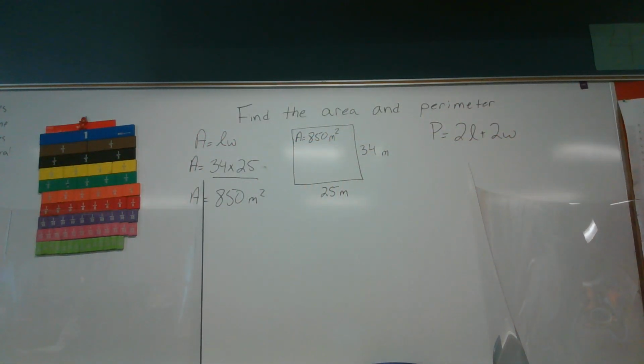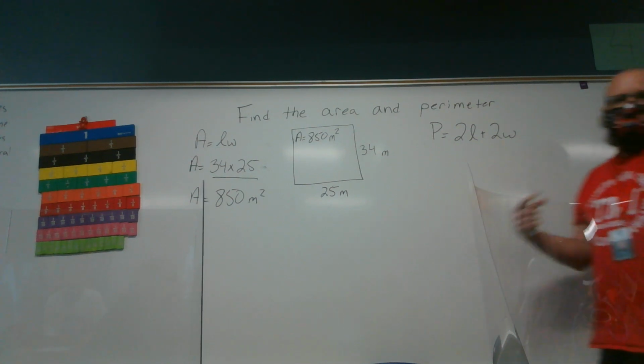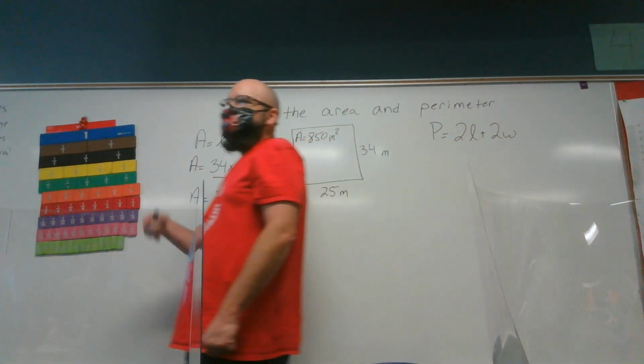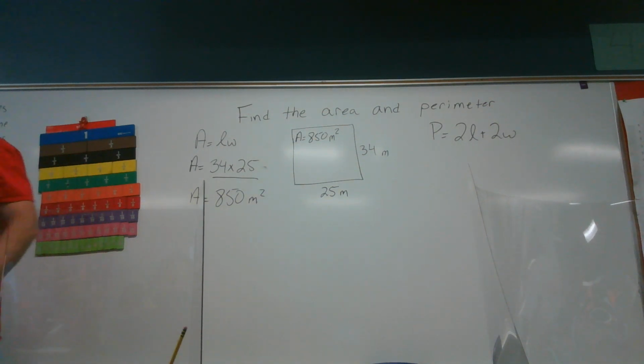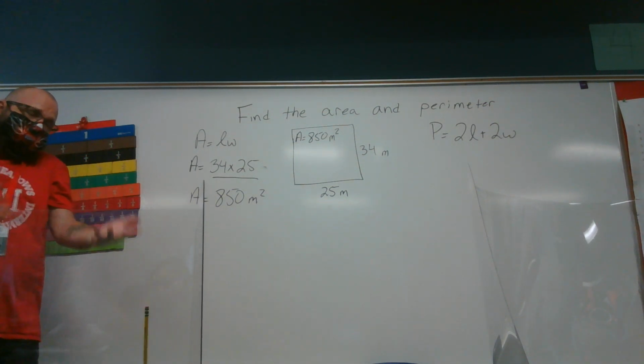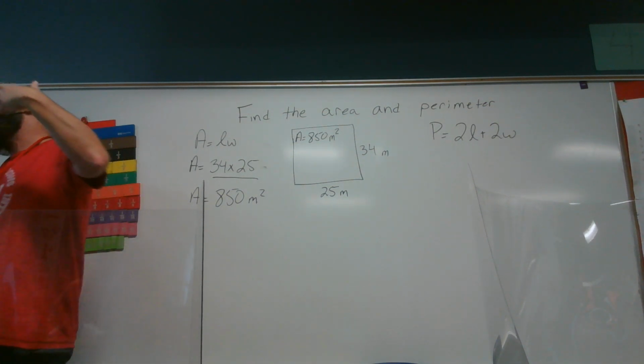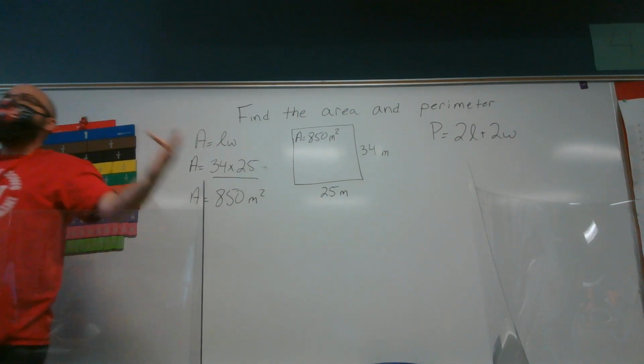Before, when doing perimeter, you just added all the sides together. And you can do that, but you may come across a problem or two that says, which of these answer choices would show you how to find the perimeter of this shape?